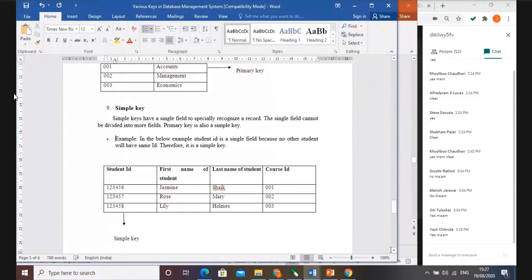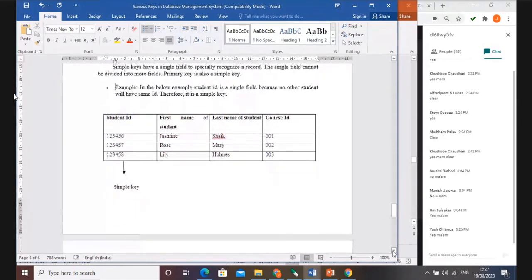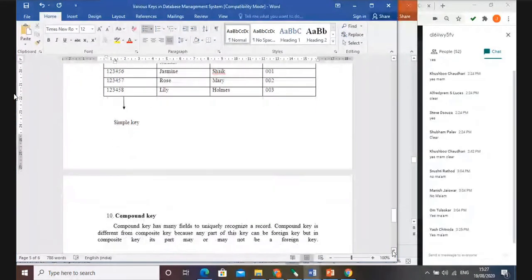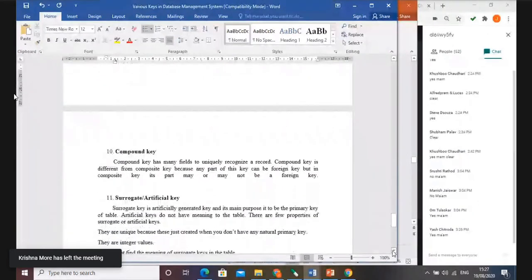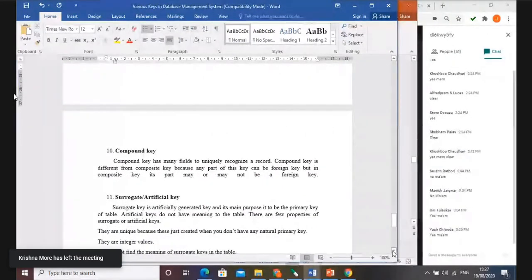Then we have the compound key. We learned about the composite key. A composite key is more than two attributes together, used to identify the entity set. A compound key is somewhat similar to that.